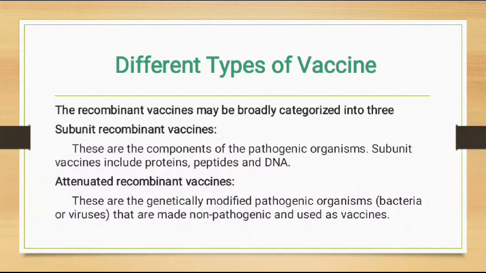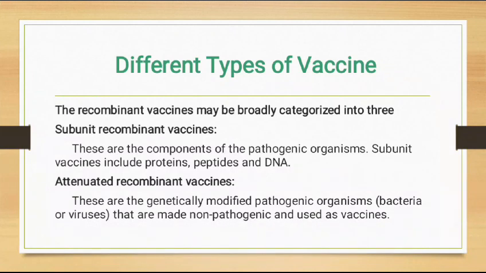Different types of vaccine. The recombinant vaccines may be broadly categorized into three types. The first one is subunit recombinant vaccine. These are the components of the pathogenic organism. Subunit vaccine include proteins, peptides, and DNA.